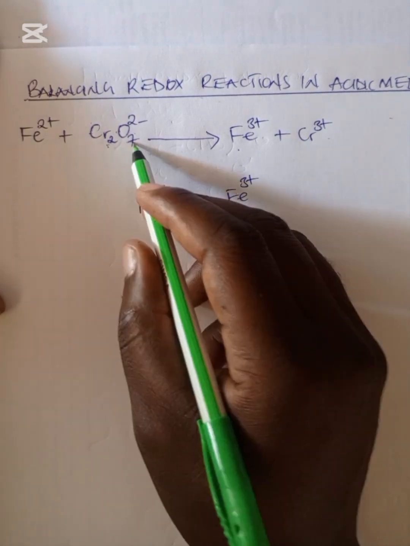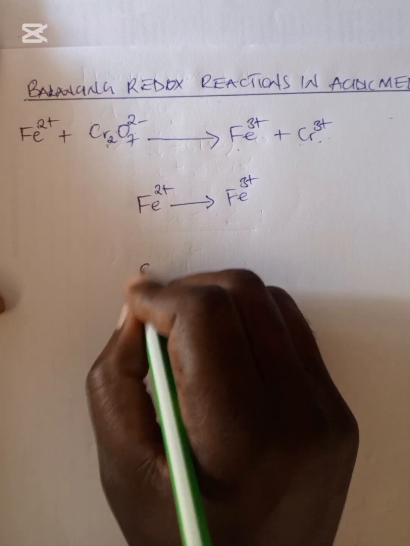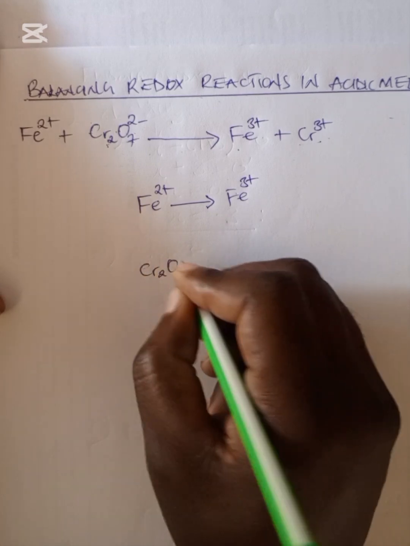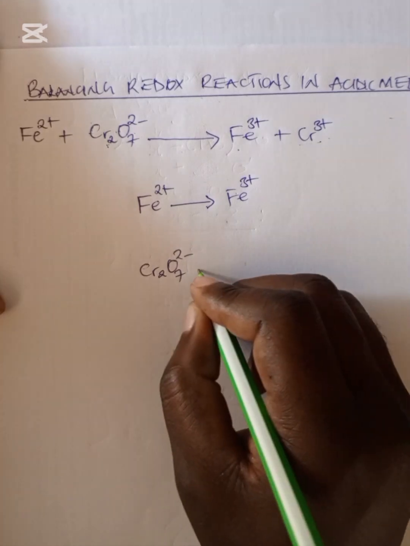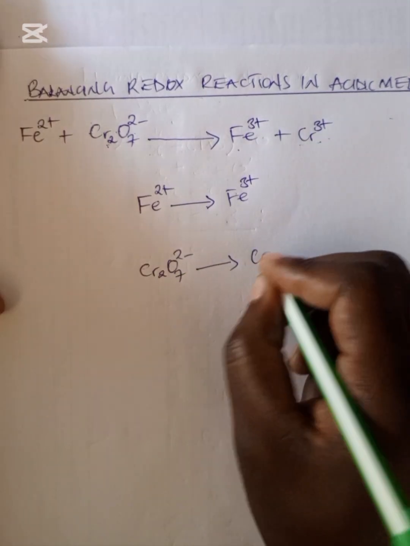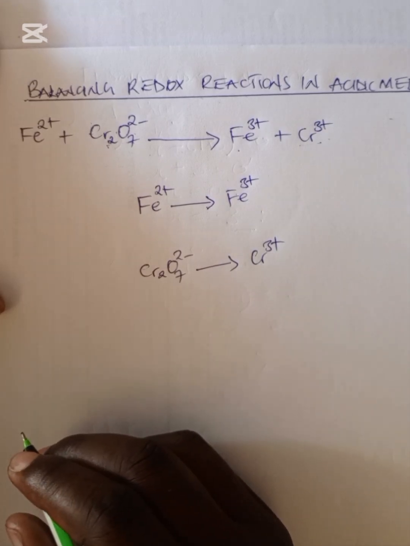We're also going to have chromium oxide 2 minus equated to chromium 3 plus. We're done with the first step.